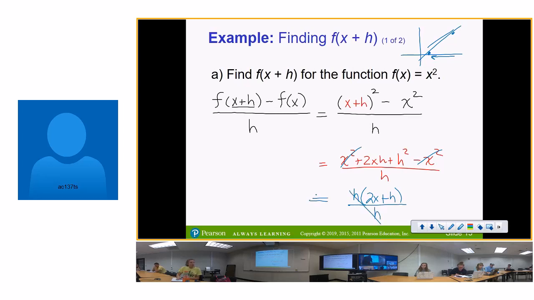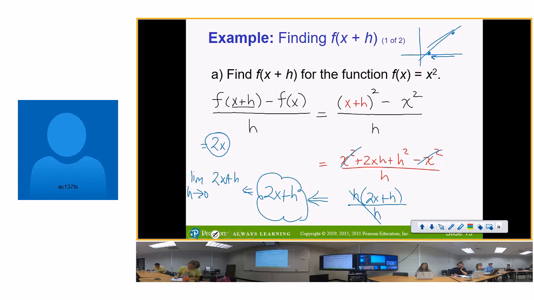They cancel, and I get 2x plus h. Now, that's your answer. But I'm going to throw this in for you. The limit as h approaches 0. As h approaches 0, what happens to 2x plus h? It turns into 2x because the h goes to 0.